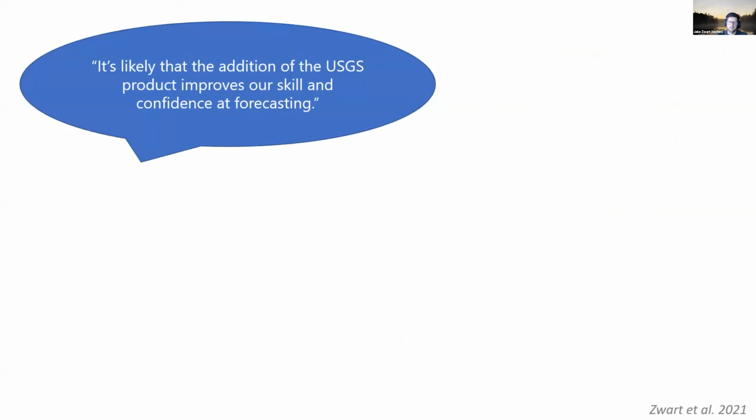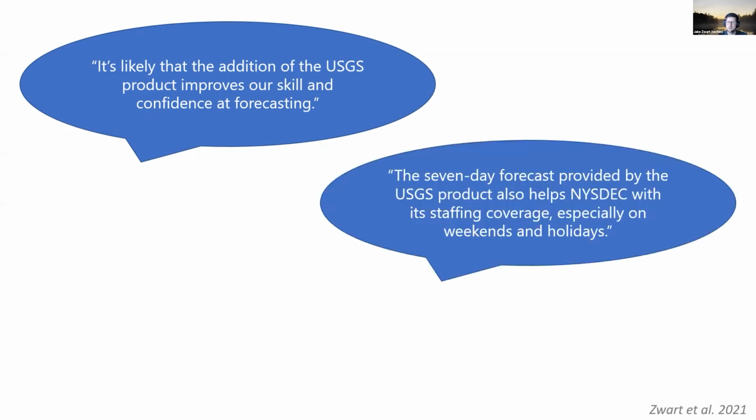And finally, for moving the US Geological Survey from research to operations, I think there's a lot of value in moving our research products to more operational products. This is indicated by the feedback that we've been getting from the reservoir managers. They told us that it's likely the addition of the USGS forecasting product improves their skill and confidence at forecasting stream temperatures.